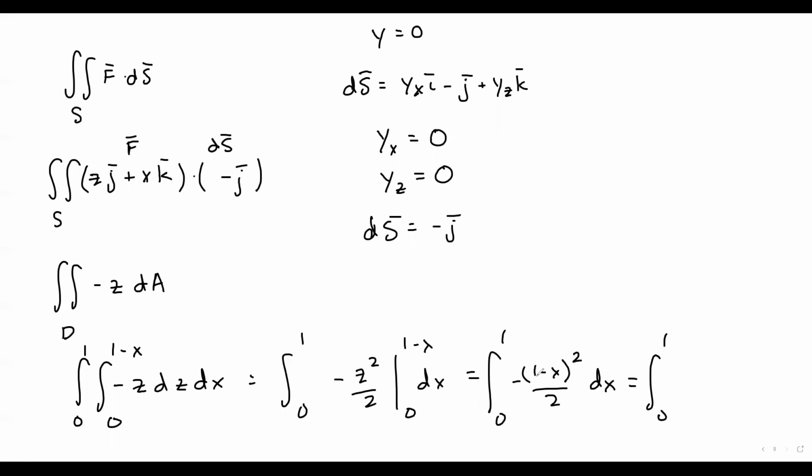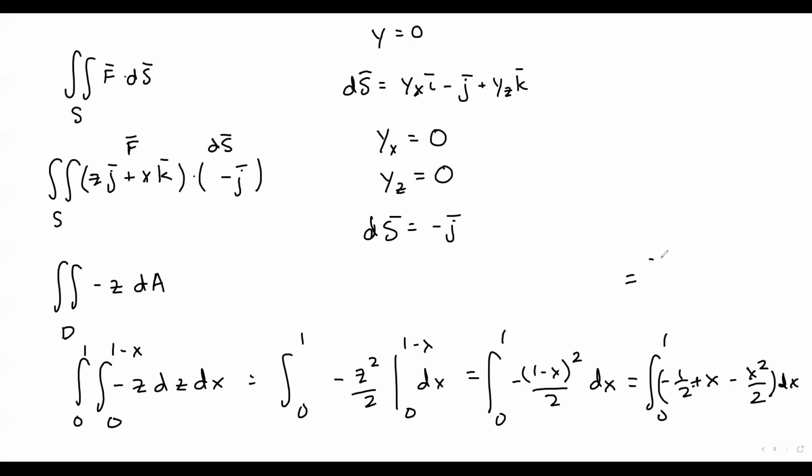And if we square this out, we're going to get 1. So it's going to be negative 1/2. We're going to get negative 2x over 2, negate, so we're going to get plus x. And then we're going to get negative x squared over 2 dx, and then we can go through and integrate.